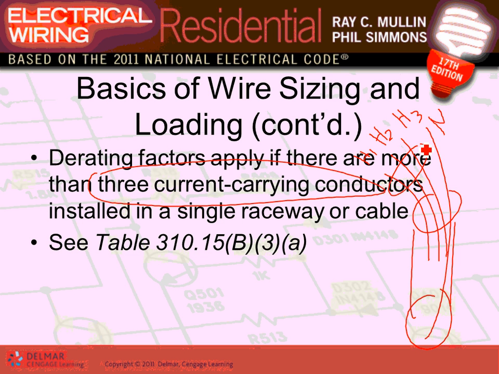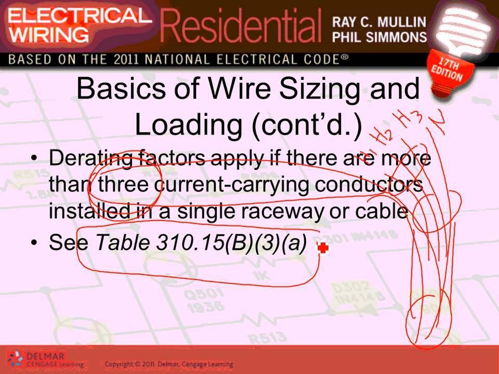The ampacity stays the same. Now, the minute that you start adding more conductors into this cable, more than three, you have to also derate based on bundling. So the magic number, and that table will tell you what is the rating based on bundling.